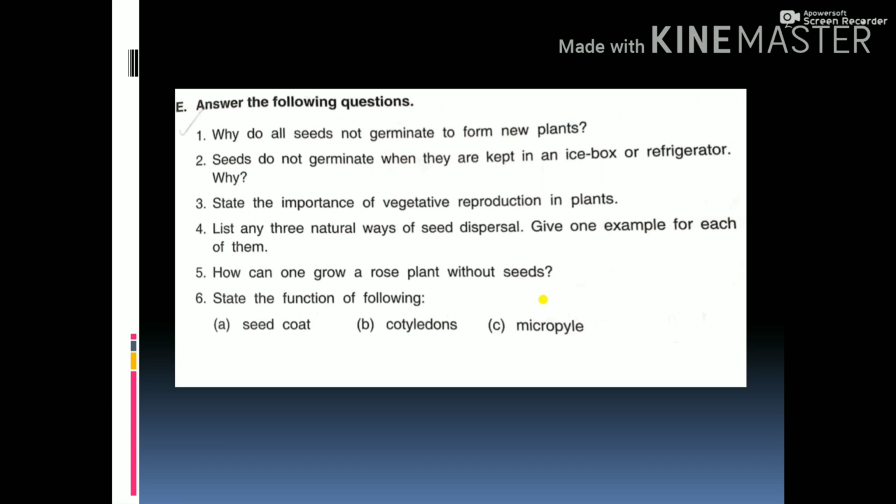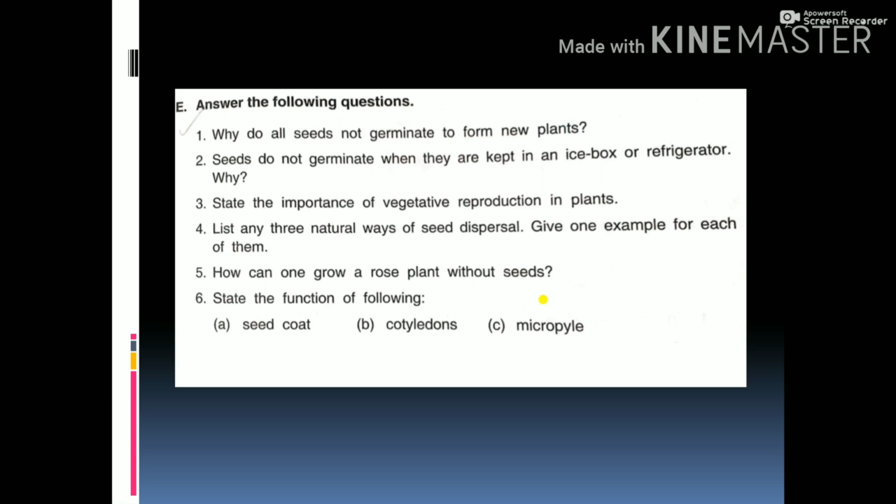Here you have to see number 1. Why do all seeds not germinate to form a new plant? Because all seeds do not get the appropriate amount of conditions like air, water and warmth. So this will be the answer.